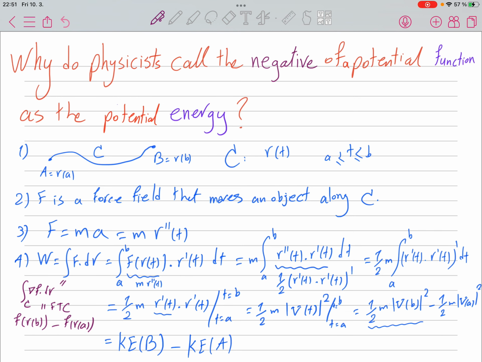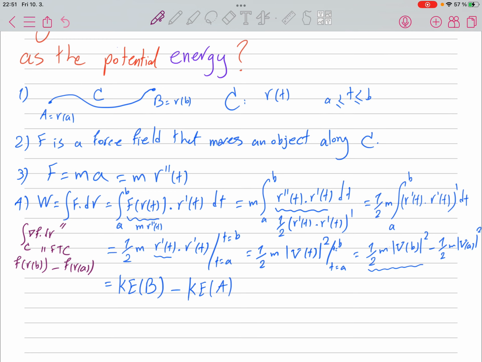Okay, what do we get? So we get that this is equal to this, right? Instead of R of b, I can also write f of b minus f of a.